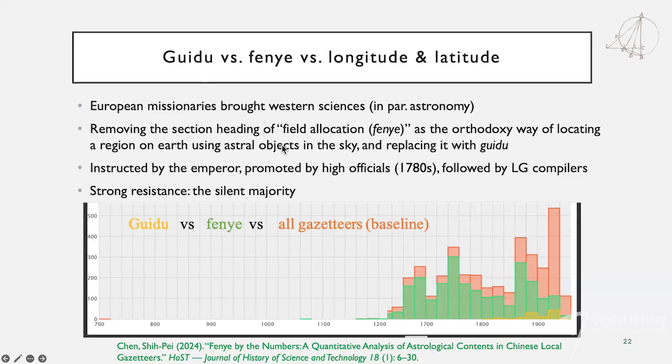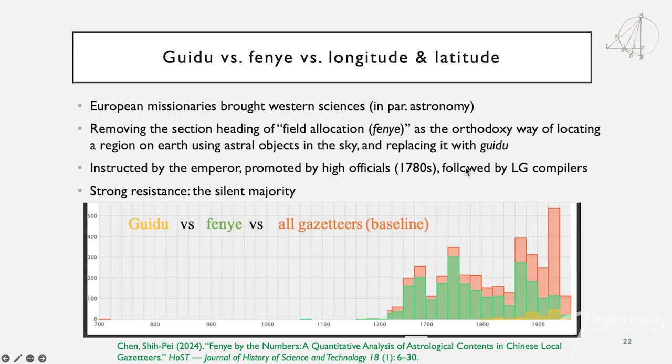There was an act initiated by the emperor and then promoted by high officials, followed by, according to the usual scholarship, many gazetteer compilers who followed this idea. So they removed the section heading of field allocation and replaced it with something called 纬度, the Chinese term for longitude and latitude.